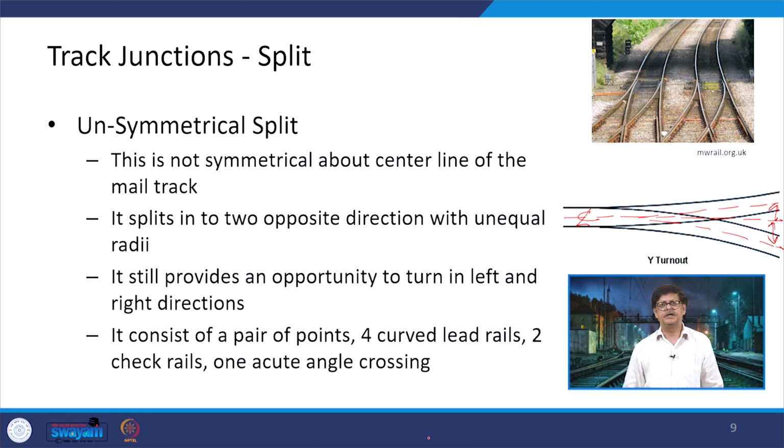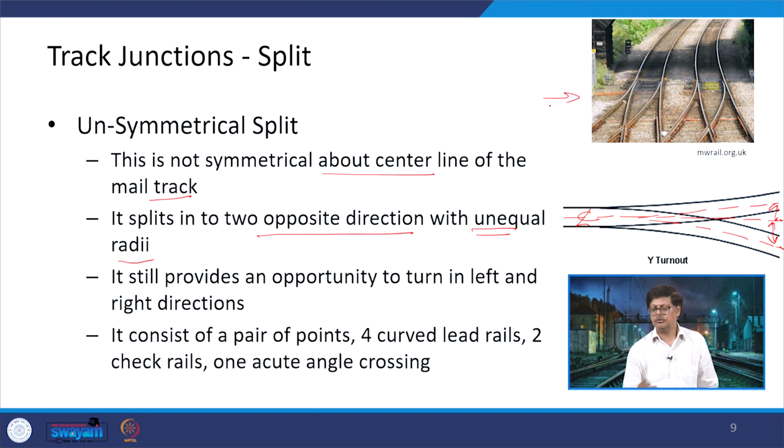It means it is not symmetrical about the center line of the main track. That is what is written here, and still it diverges in two opposite directions with unequal radii.